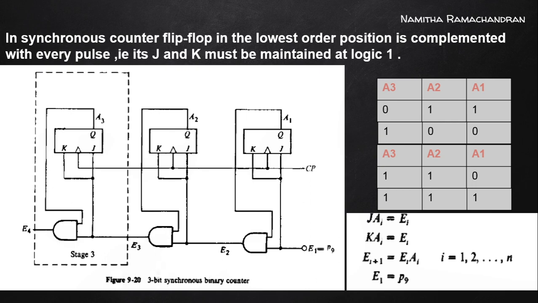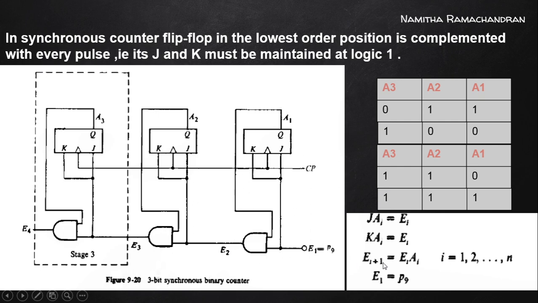Okay. So the expression is like this. JAI and KAI is implemented with this A values. This A value is obtained as a result of AND operation between previous E value and present state of AI.